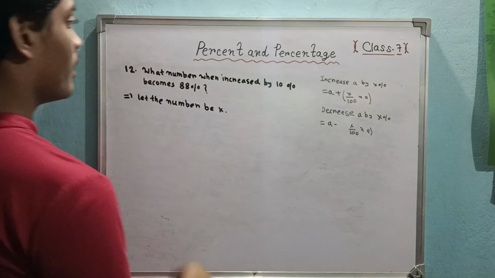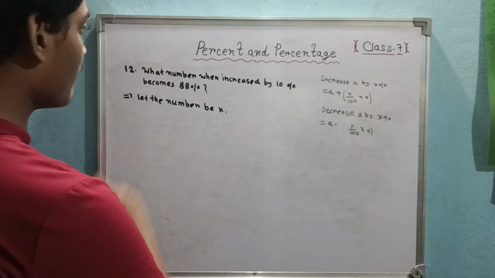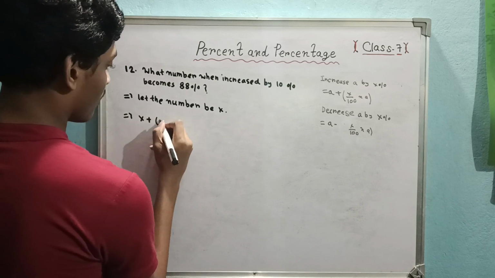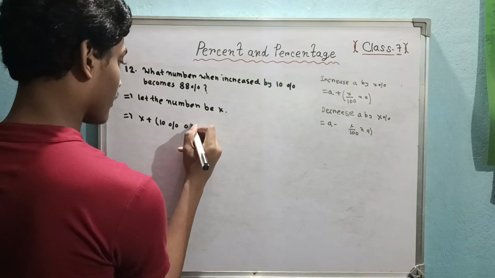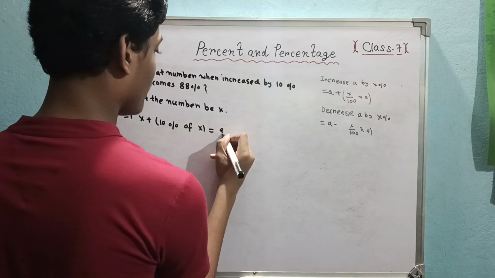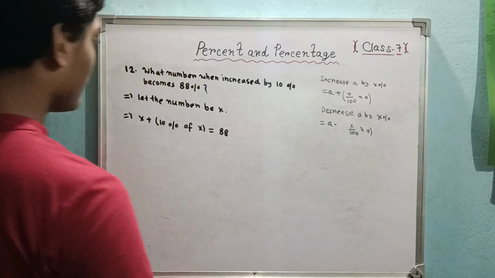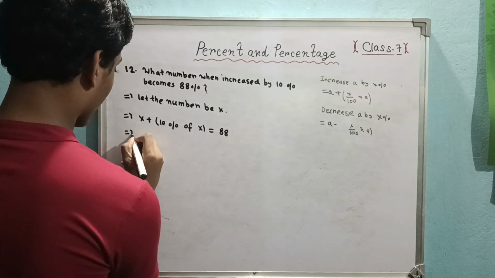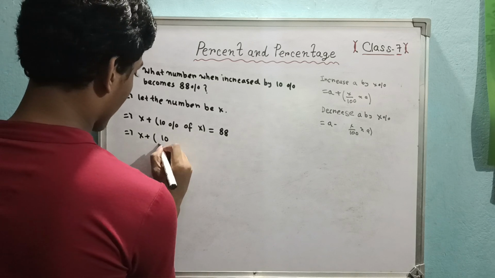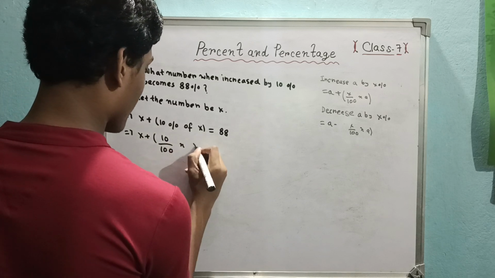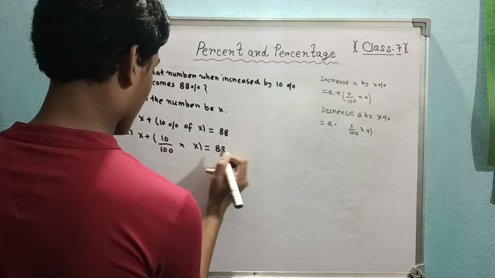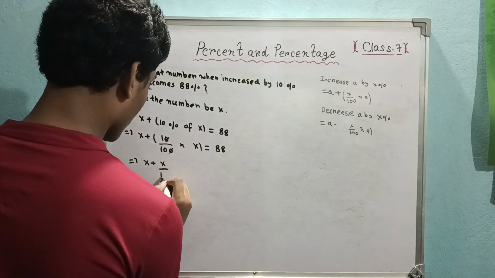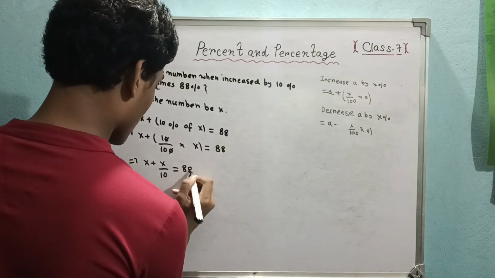Now, according to the question, x when increased by 10% becomes 88, or x plus 10% of x equal to 88. I can write, isn't it? X increased by 10% means x plus 10% of x. So let's do, or x plus 10 by 100 multiplied by x equal to 88. 10 gets cancelled out, or x plus x by 10 equal to 88.